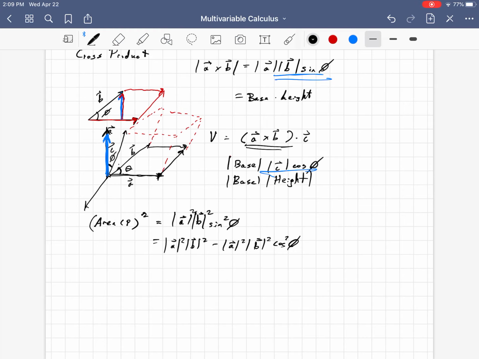And so that is equal to the magnitude of vector A squared times the magnitude of vector B squared minus the magnitude of vector A squared times the magnitude of vector B squared times cosine squared of phi. In other words, I just turn this sine squared phi into 1 minus cosine squared phi. And now notice that right there is the magnitude of vector A squared, the magnitude of vector B squared, minus, and then this is just vector A dot vector B squared.